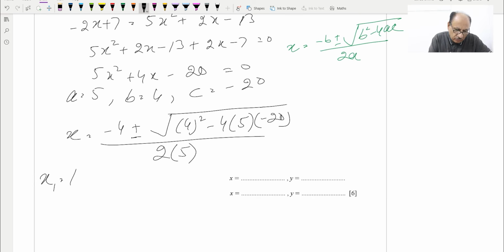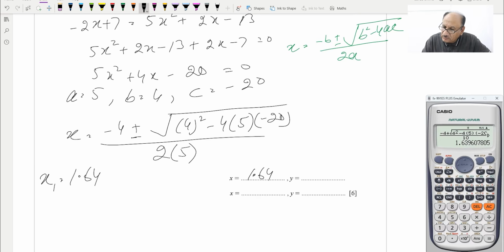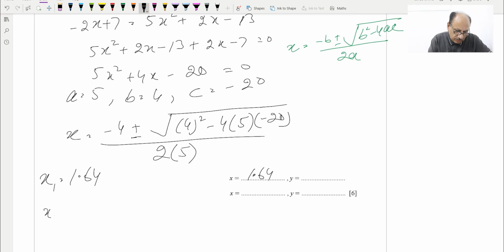So 1.64 will be one value. Now we can take the second value. We will go back and change this plus into minus, and this will give us minus 2.44. So the x2 value will be minus 2.44.